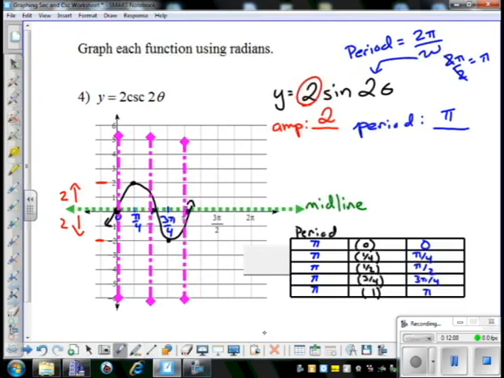Now we take our max and min points, and we make our parabolas. We take our eraser and erase away the sine function, leaving us just with the cosecant function.